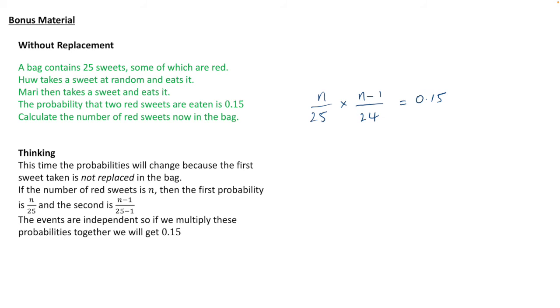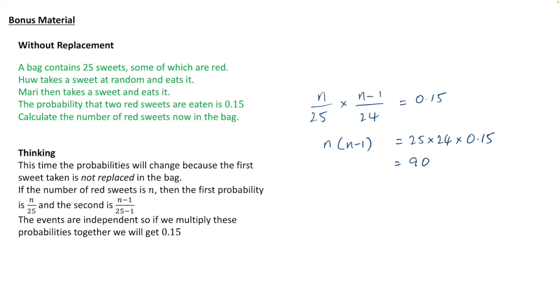Now what we do is we times both sides by 25 and by 24. That means on the left hand side the 25 and 24 that were dividing have now cancelled out. And on the right hand side we've got 25 times 24 times 0.15, and if we put that in the calculator, you get 90.